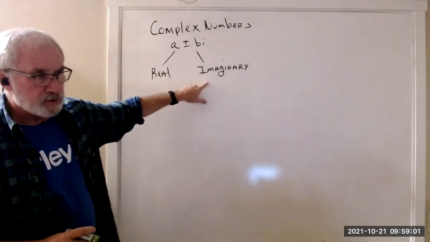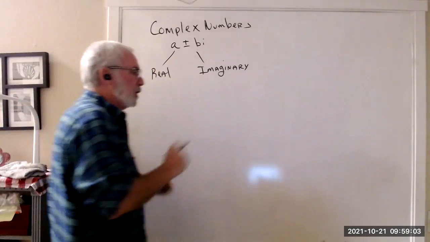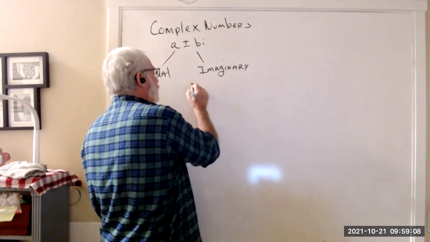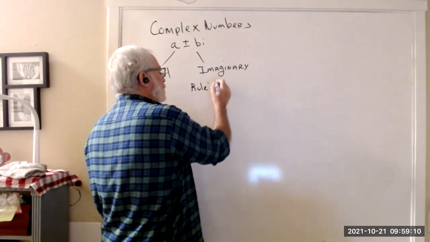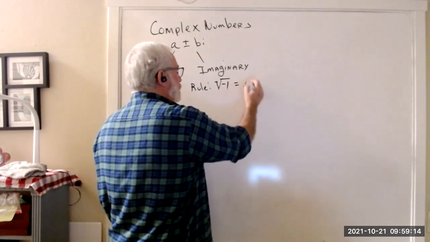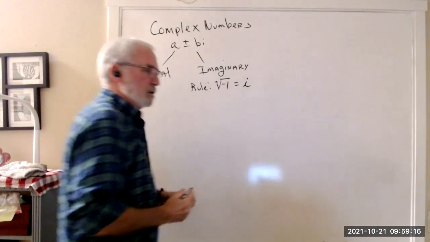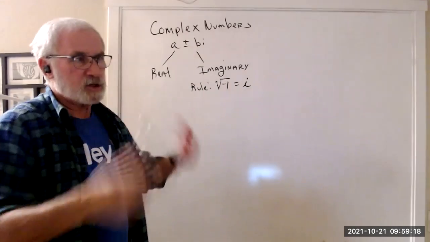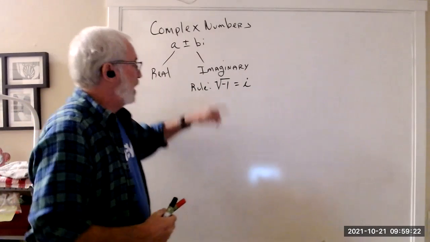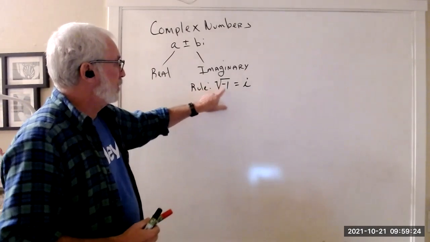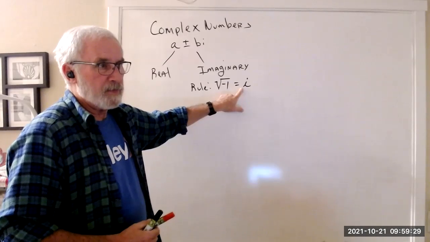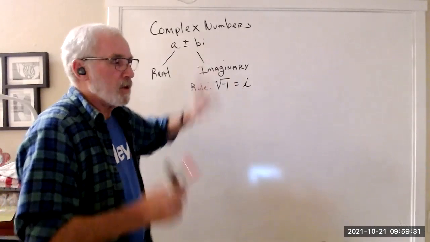The imaginary numbers come from the, if you wish, rule or definition that says the square root of -1 is worth something called i. That's the rule that mathematicians use to define an imaginary number. If you're doing the square root of a negative, it's an imaginary number. Okay.